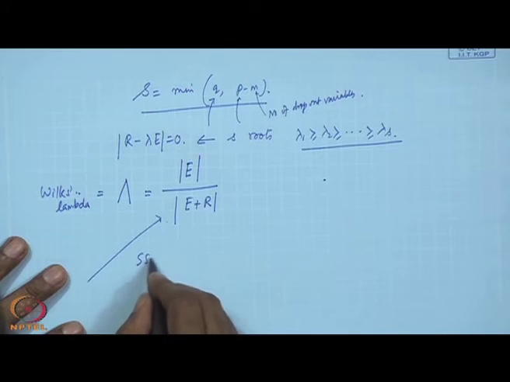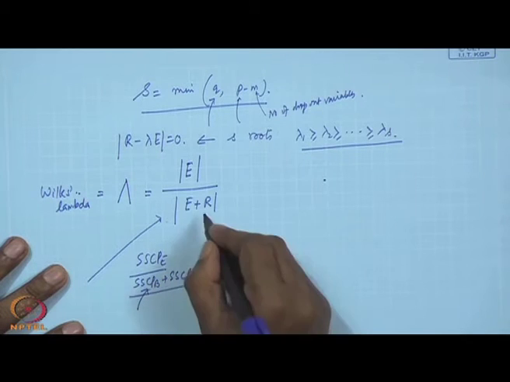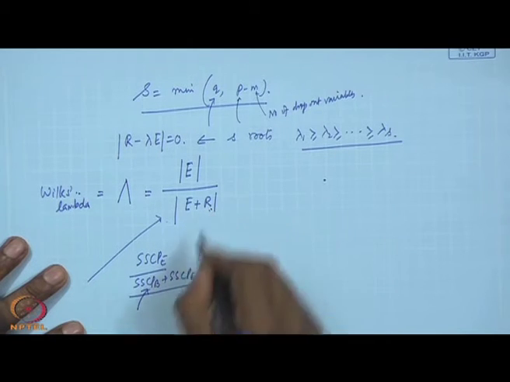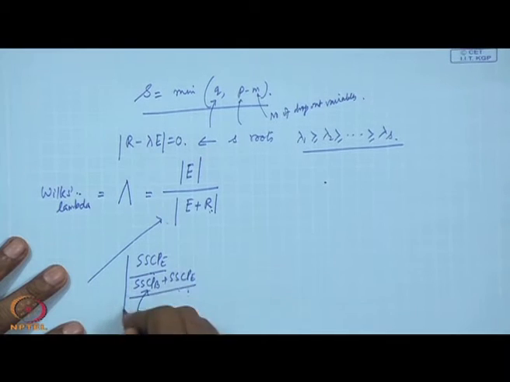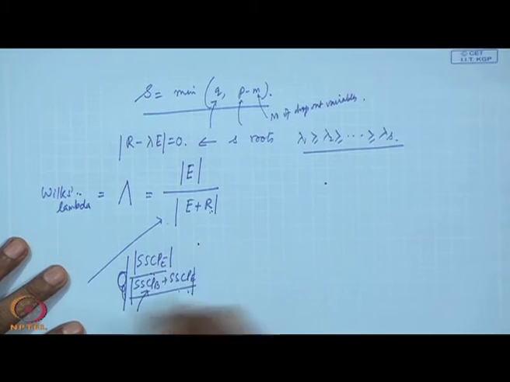Wilks lambda is SSCP error divided by SSCP between plus SSCP error. Now this between means the population contribution, so it is similar to regression contribution versus error. So the determinant of this divided by the determinant of this we have computed there.